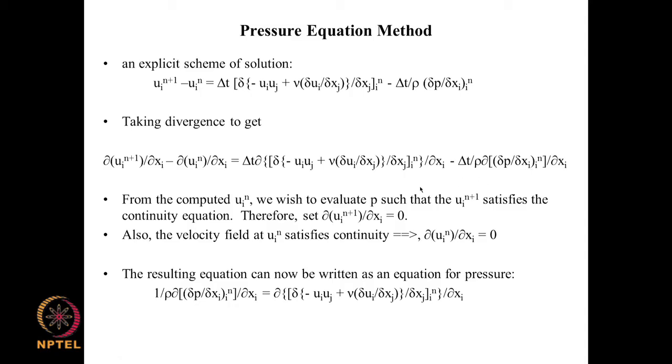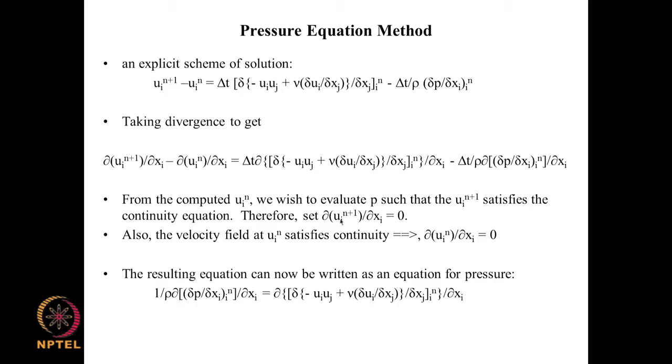Okay. And this is the modified momentum equation, and here we want to impose the idea that from the computed u_i^n, that is the previous time step values, we want to evaluate p such that if this p is substituted into the momentum equation, which then gives u_i^(n+1), this u_i^(n+1) should satisfy the continuity equation.